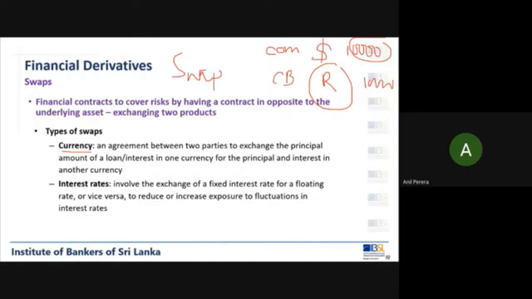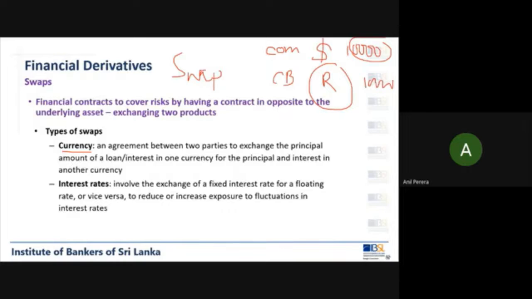For example, let's say you take a loan at a fixed rate. When you take a loan at a fixed rate, if interest rates go up in the future, you are better off because your rate is fixed. But if interest rates go down in the future, then you make a loss.